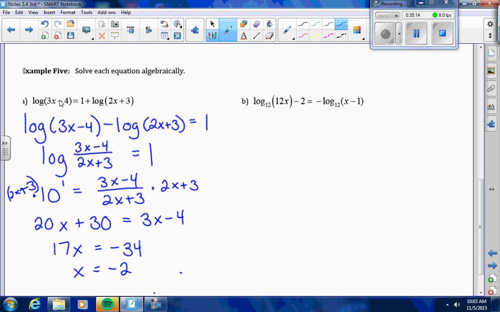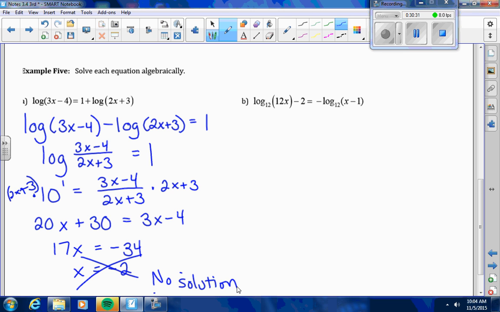Doesn't exist. Can't be done. So that one, no solution. So always be careful of that, especially when you get a negative number for an answer. Check it to make sure.